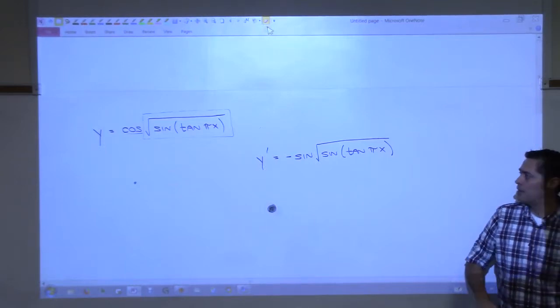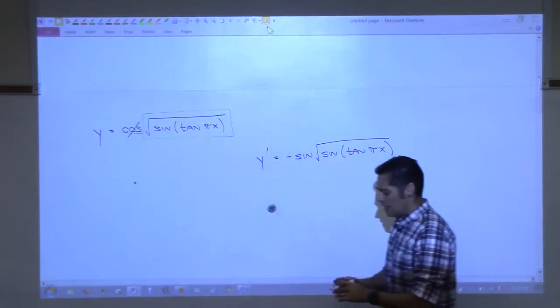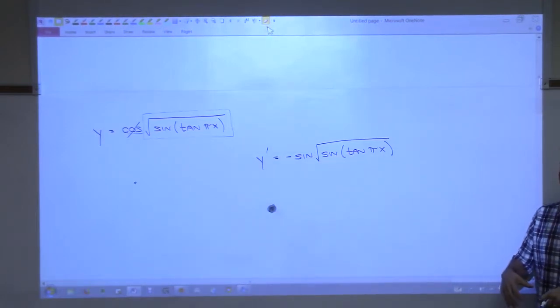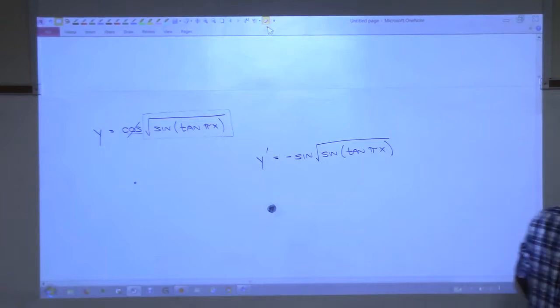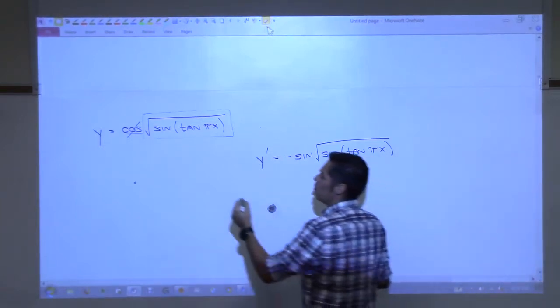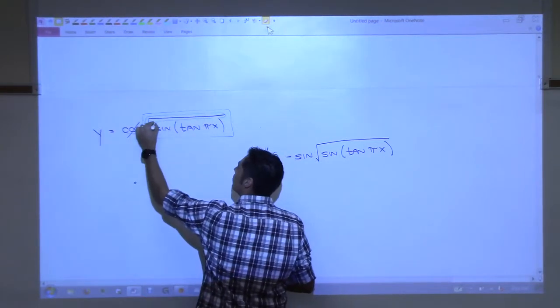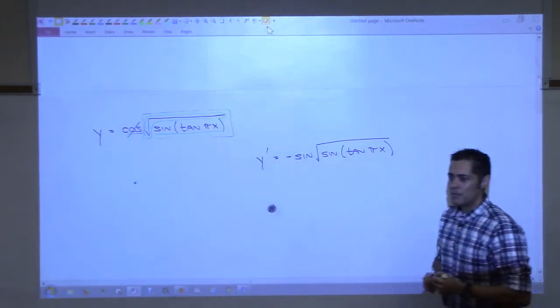Agreed? Okay, so we have done the outer cosine function, and now we can move inside and start doing the next layer. So what was the next layer? The square root was next. And we have the square root of sine tangent. We are now going to be working on the square root, right? This is the part we're working on now. And we're doing square root of all that junk right there. Yes?